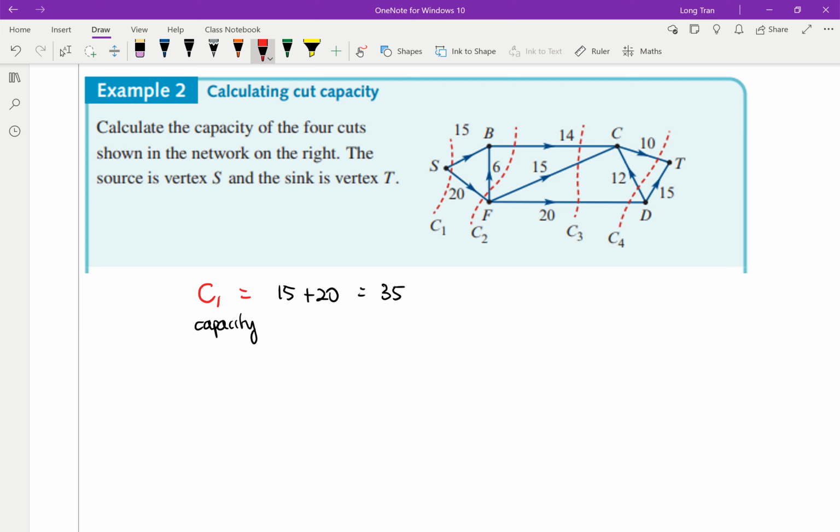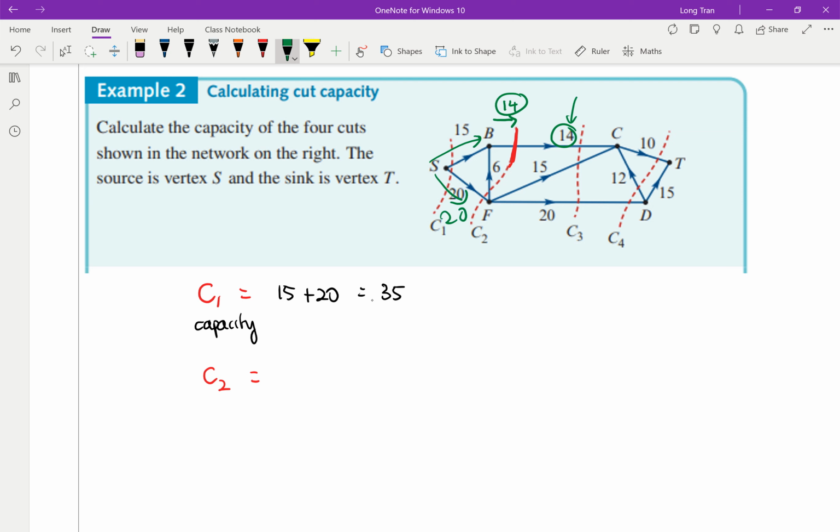Okay, and then if you calculate C2 on the other hand, what's interesting here is that C2 cuts through three edges. Remember, this is now flowing at 15, but B to C only takes 14. So in our maximum flow problem, because it can only take 14, as it's flowing out, it can only flow 14 when it gets cut. Whereas on the bottom, this is going 20.